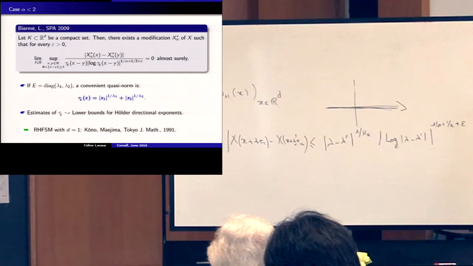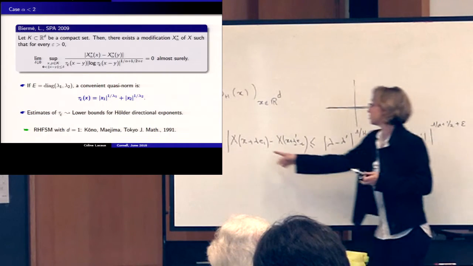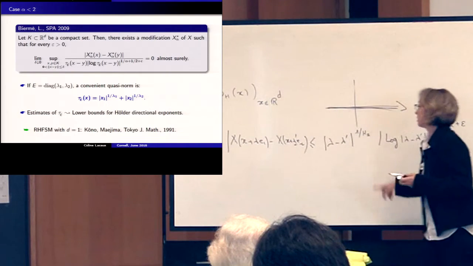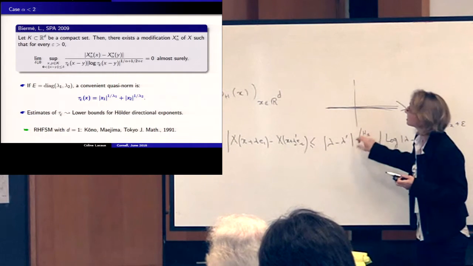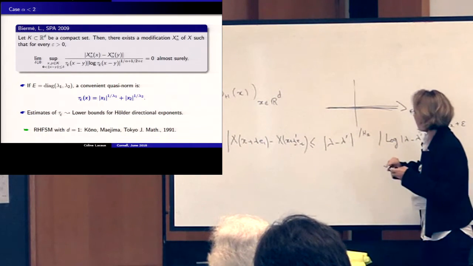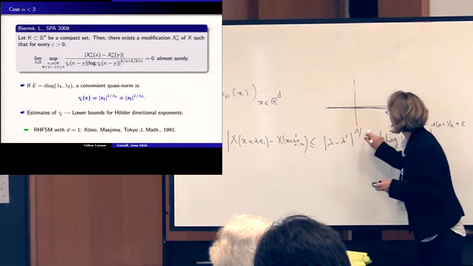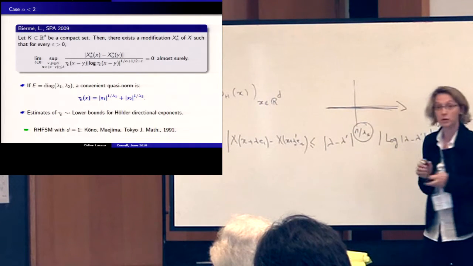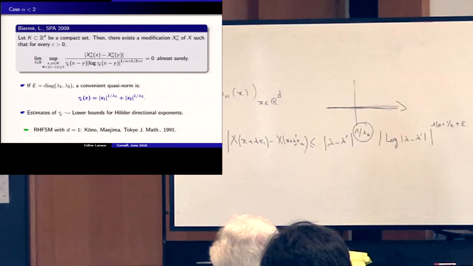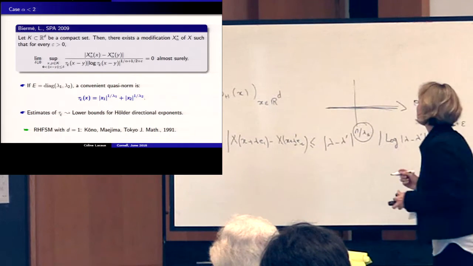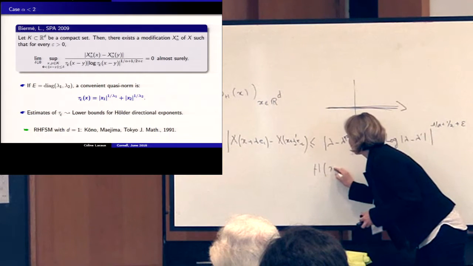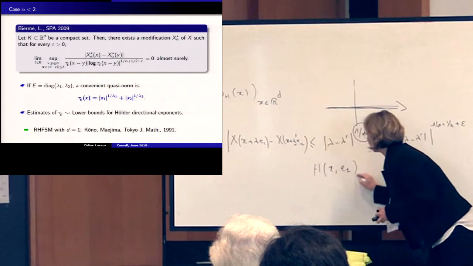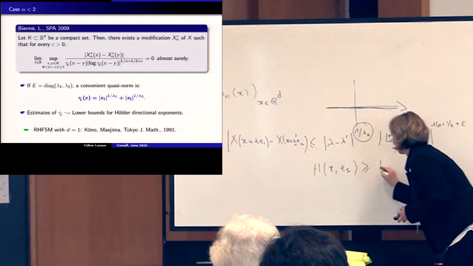So that means that in direction A1, the process is at least of order 1 over lambda 1. So that says that the exponent at point x in direction A1 is at least 1 over lambda 1.